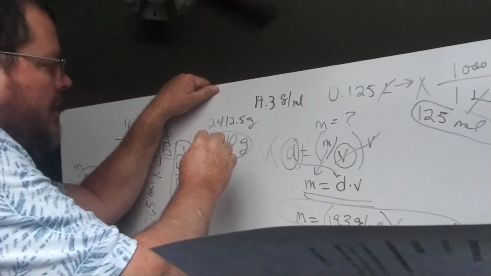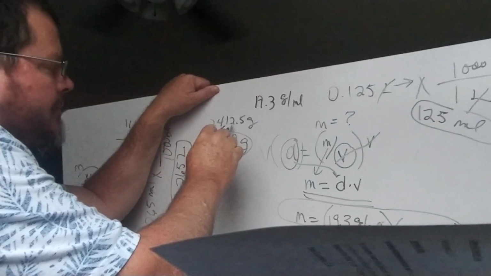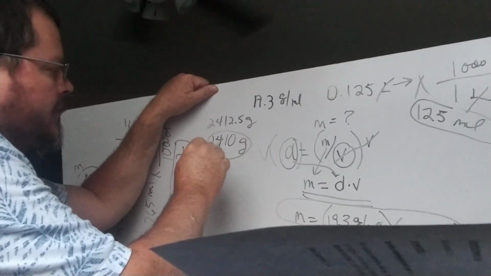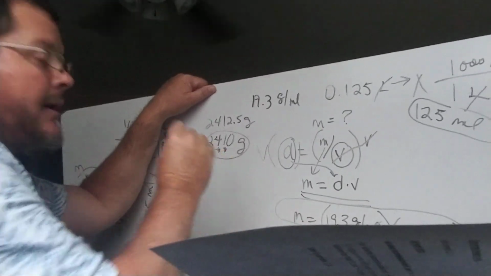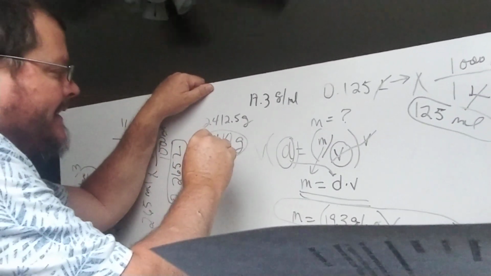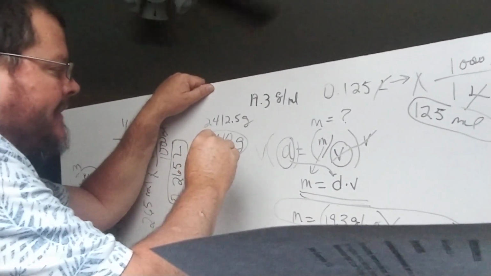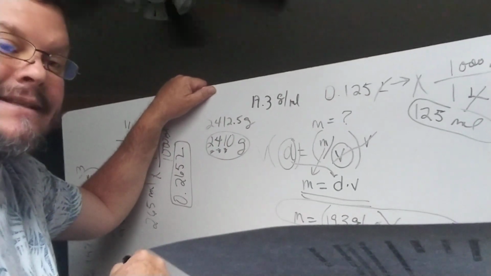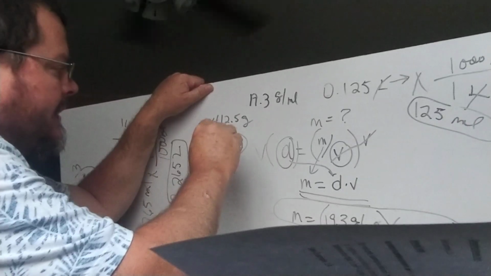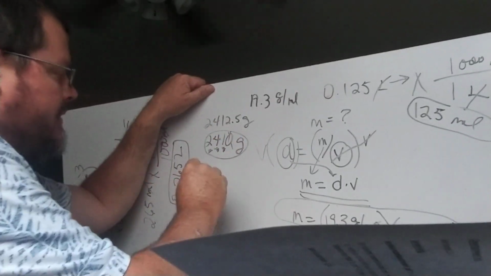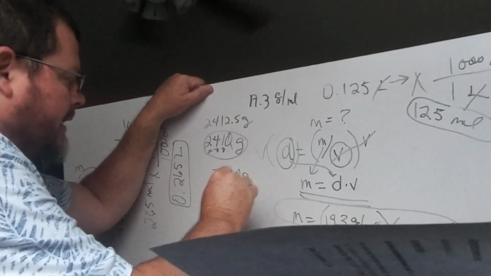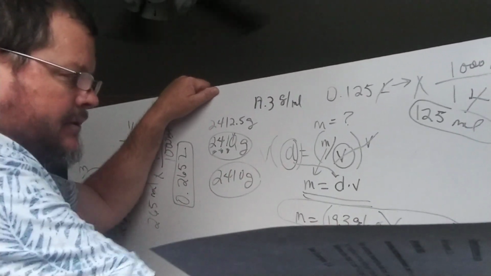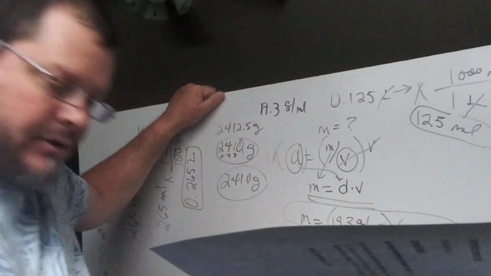Because the reason I rounded it to 10 instead of from 12 is because this is a significant figure, non-zero, this is a significant figure, non-zero, I have 3. That's where I want to be. This 0 is at the end, but it's to the left of the decimal, which means it's not significant. So this one doesn't count. I have 3 significant figures. The answer is 2410 grams, and there's 3 significant figures there, which is the same as the least amount in the equation. Rule number 2.